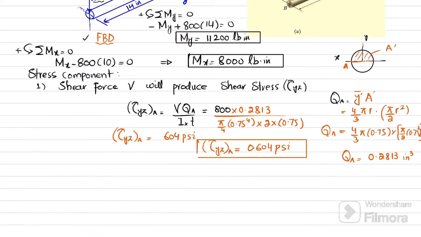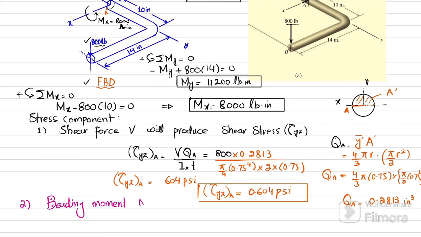Now we will calculate the bending stress. The bending moment Mx produces bending stress, which will be sigma in the direction of y. Clear?